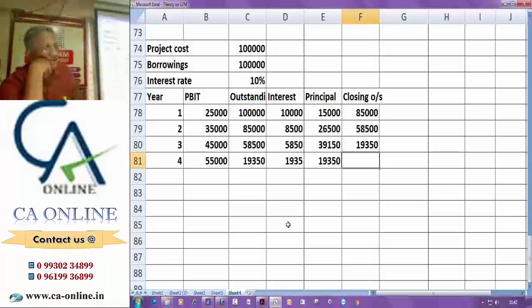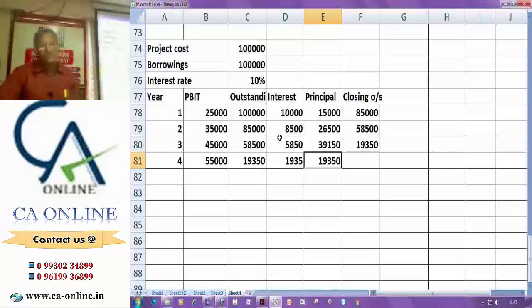So what is the figure that you have got to take up for principal repayment? Why is it 19,350? Say others have told, what number have they told? 55,000 minus 1,935. How much have the other people gone? 53,065.